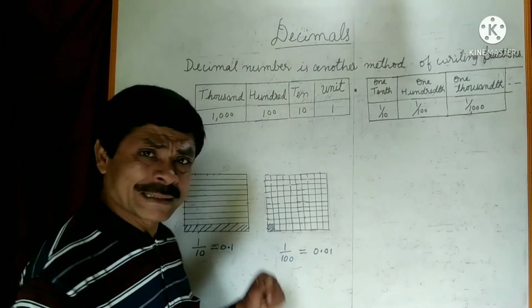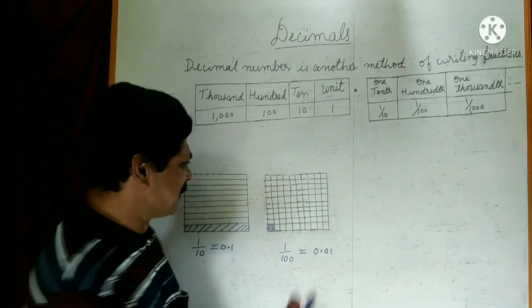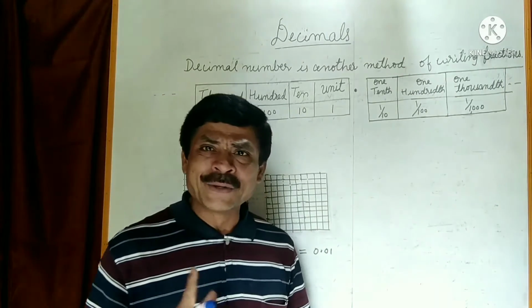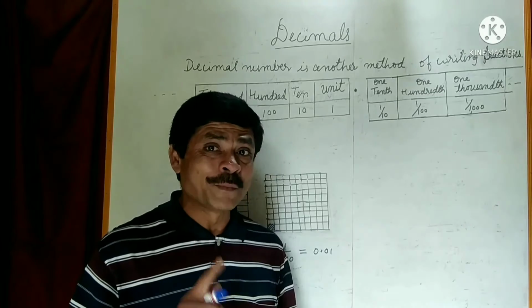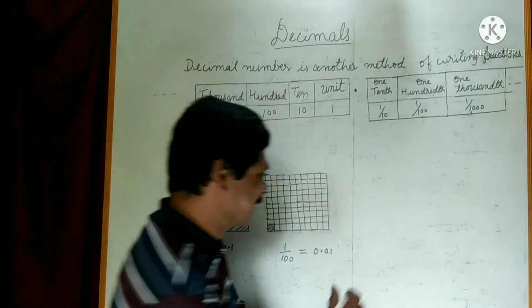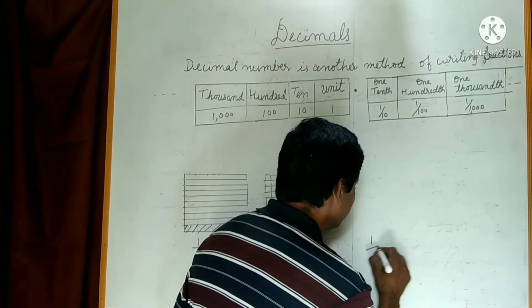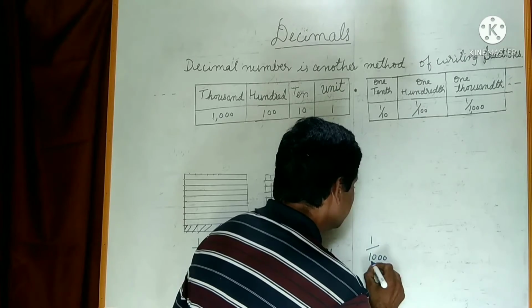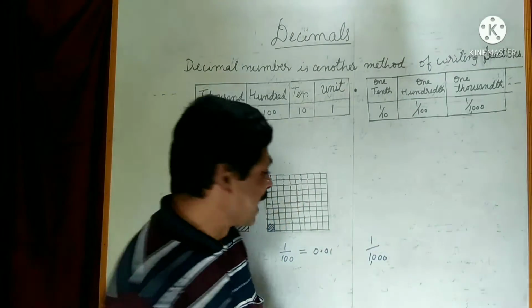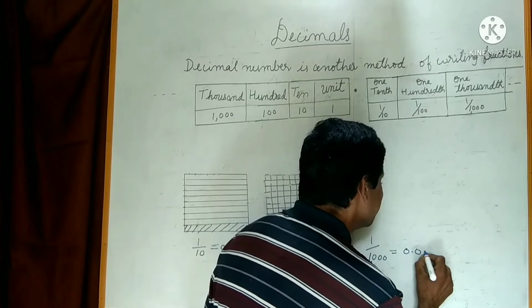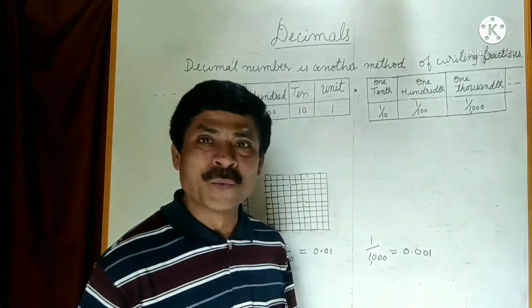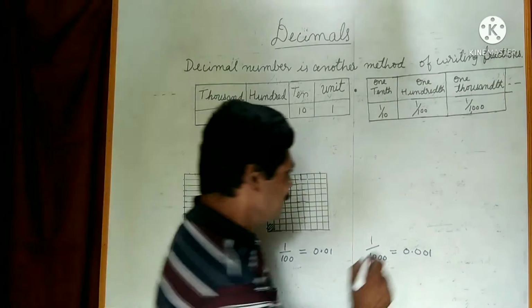Let us take another example. The same square we will divide into 1000 equal parts and color one part of it, and that can be written as 1/1000, and in another form as 0.001.